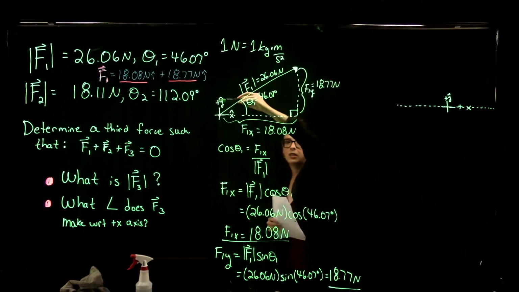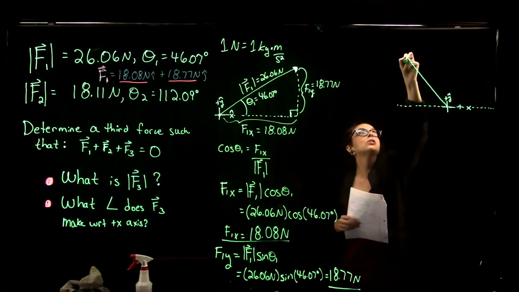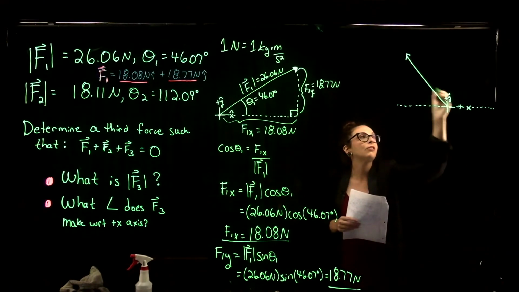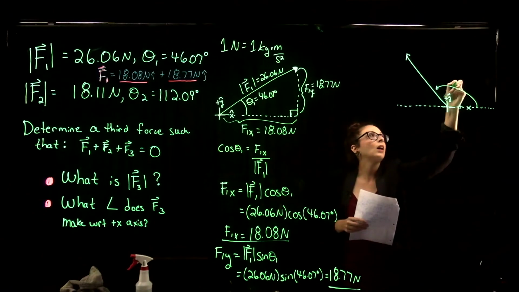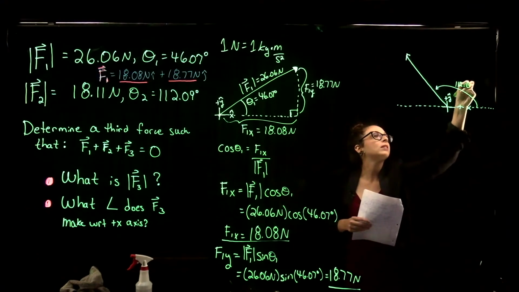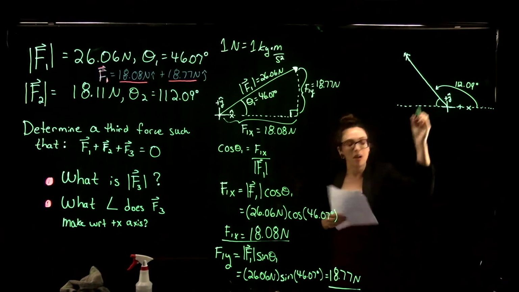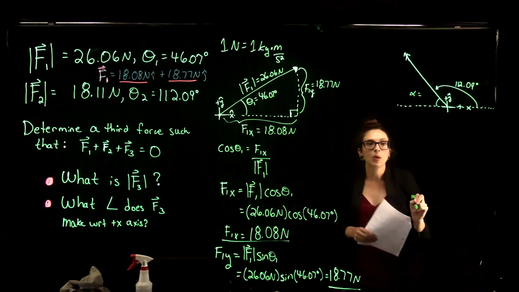So this angle, 112.09, is going to be pointing off in this direction over here, because we had to go to 90 and then just a little bit further. So this whole angle right here is 112.09 degrees.